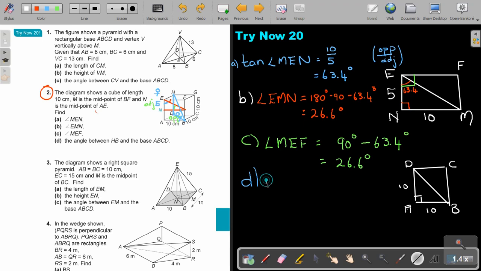So to get DB, it's 10 squared plus 10 squared, and DB is going to be the square root of 200. I can leave it as square root 200, otherwise I must work with the approximate, and in one part D, I may not approximate. So let's leave it like that.